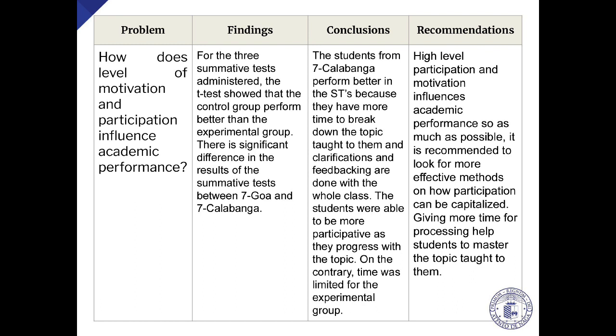So the results of the summative test of 7 Kalabanga are better than the results of 7 Goa. For our conclusion, this is more likely due to the students having less time to understand the topic better. The students from 7 Kalabanga have more time to break down the topic taught to them, and the clarifications and feedbacking are done with the whole class.